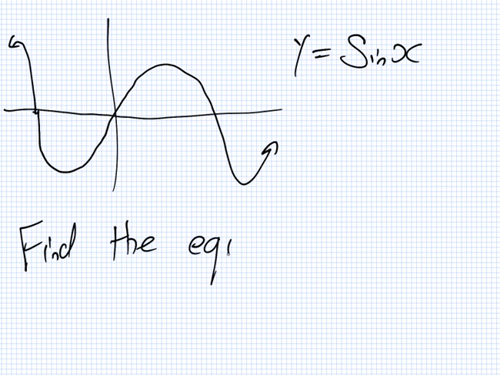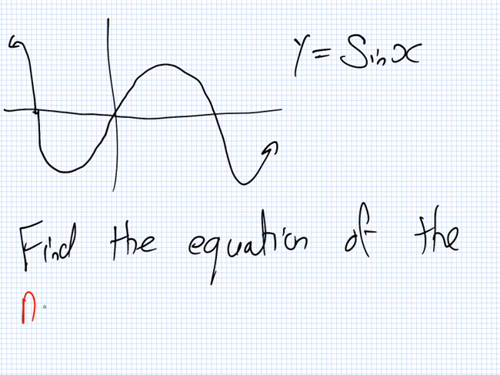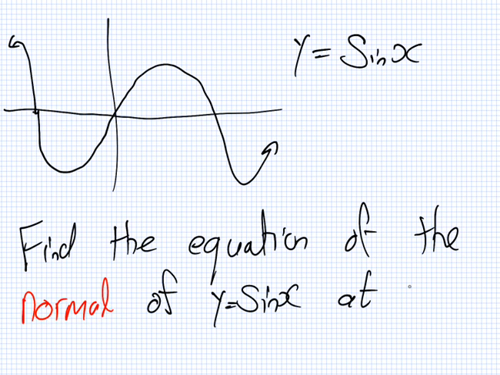Find the equation of the tangent of y equals e^x at x equals 0. Okay, I want everybody to do this and then I will do it. So try this.